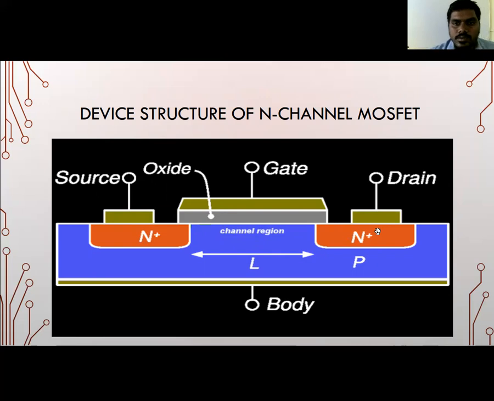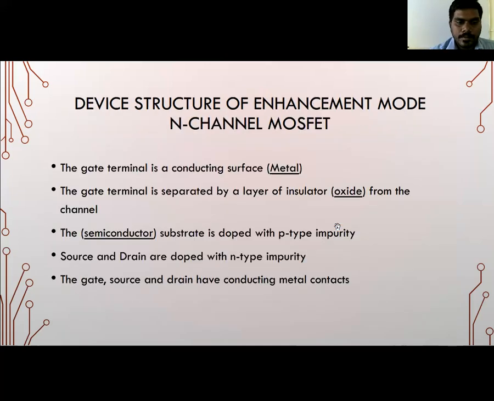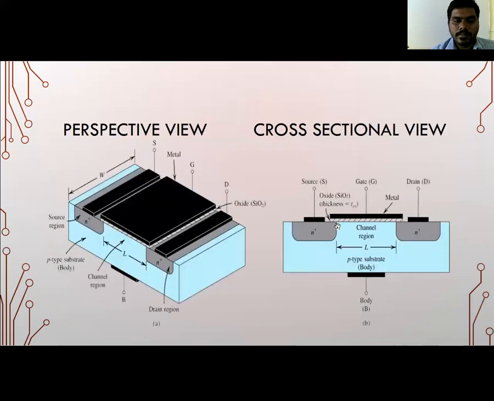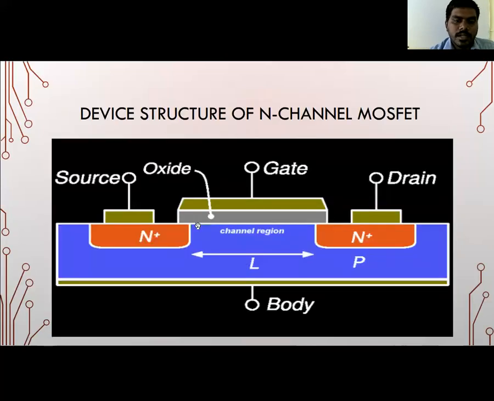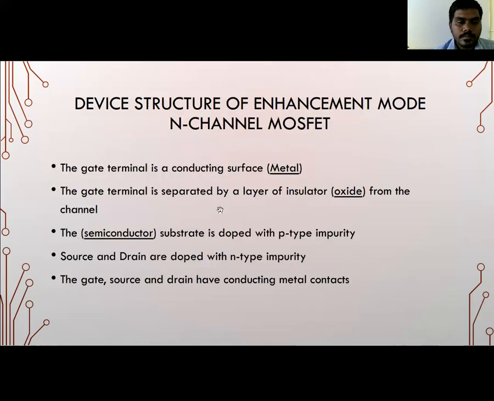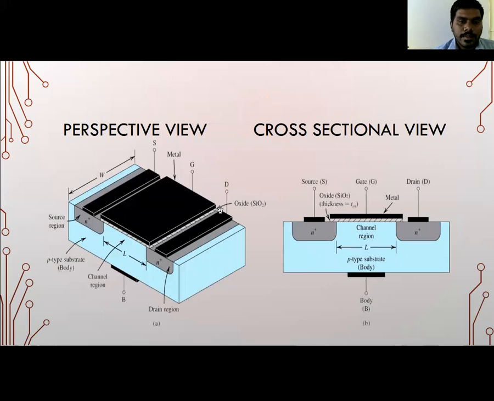You have created extra free electrons in these two regions. The gate, source, and drain have conducting metal contacts. There are three metal contacts here, so that the electrons and holes make electricity flow through them.